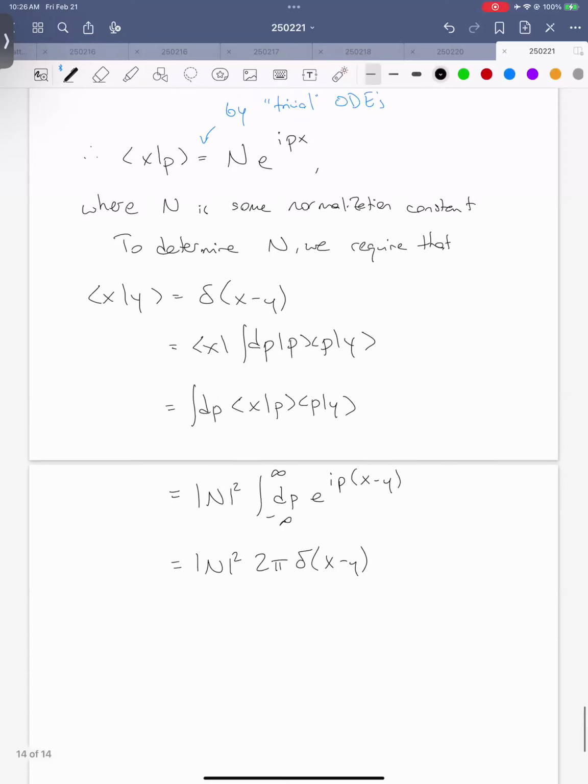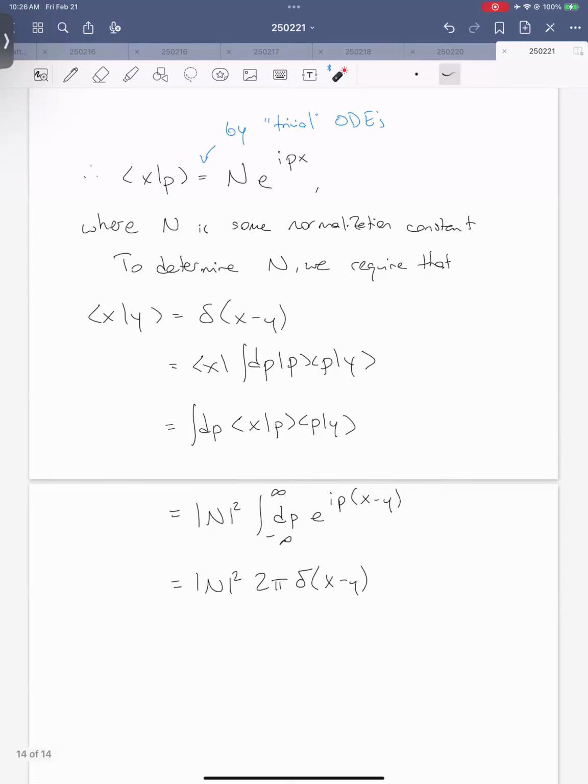Good. So coming back to what we said, we know that x and y form a complete orthonormal basis. Complete orthonormality in our context means that the overlap of x with y is a Dirac delta function with a coefficient of 1. And we have found that with our momentum eigenstates in the position basis, we get mod n squared 2 pi Dirac delta x minus y.